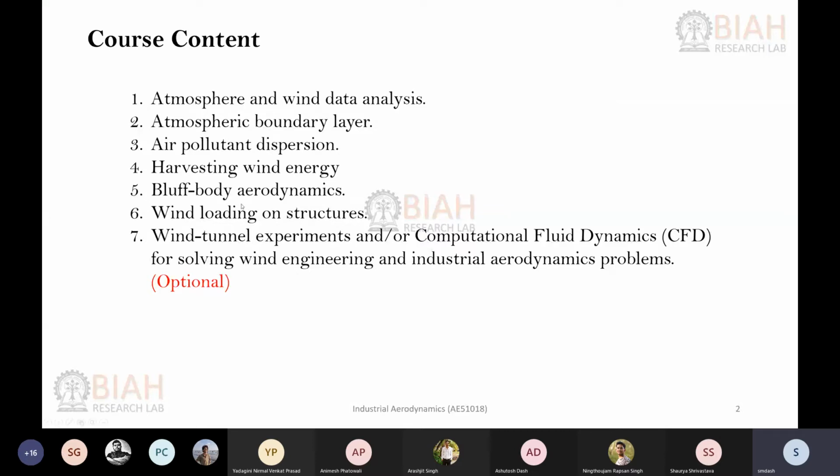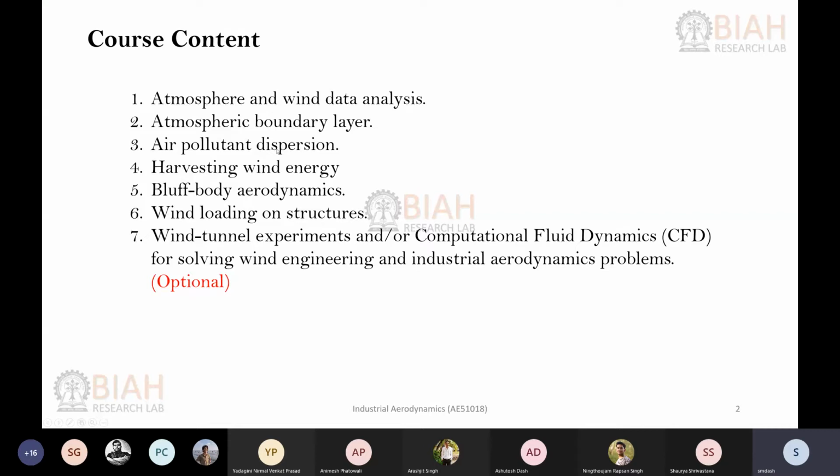Then the next part will be on bluff body aerodynamics, in which we'll cover bluff bodies in general, like vehicle aerodynamics and building aerodynamics. I have separate slides for all of this, and subsequently, when I go, I will discuss in detail. So this is overall what I'm going to cover in this course.